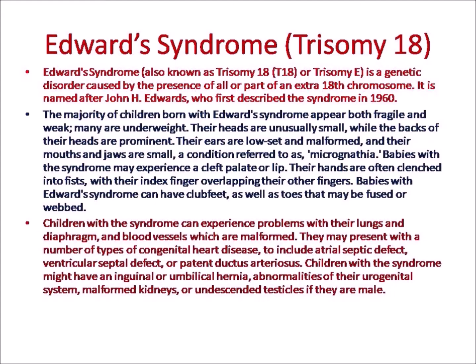They may present with several types of congenital heart disease, including atrial septal defect, ventricular septal defect or patent ductus arteriosus. Children with the syndrome might have an inguinal or umbilical hernia, abnormalities of their urogenital system, malformed kidney, or undescended testicles if they are male.